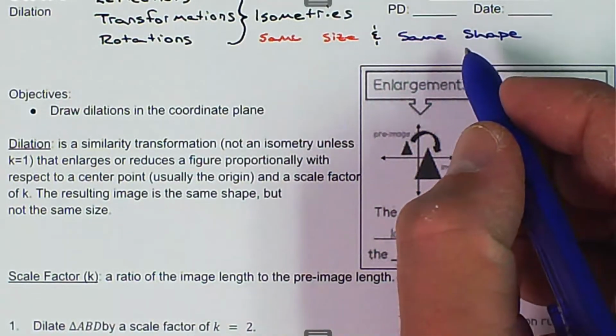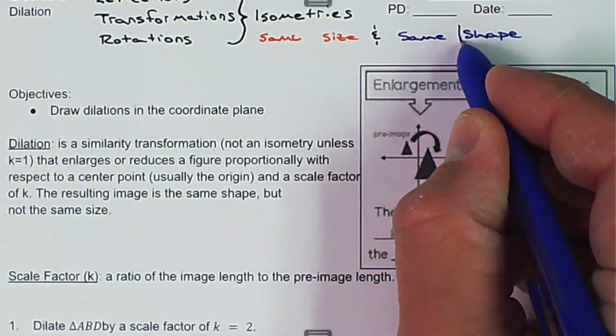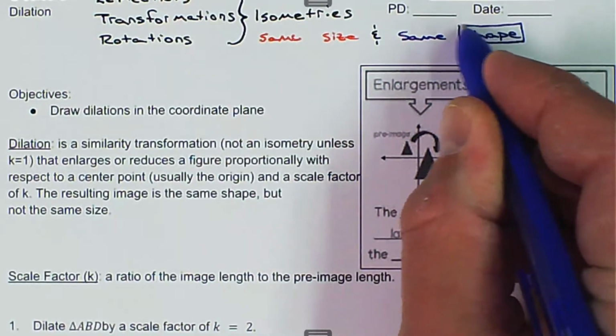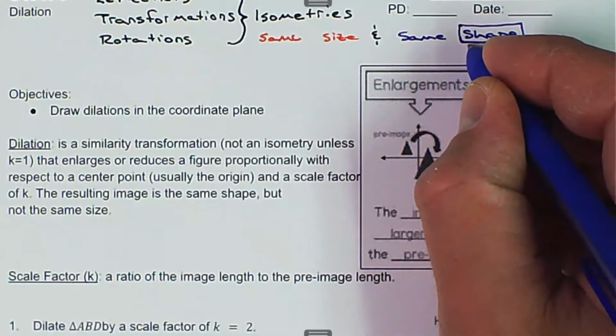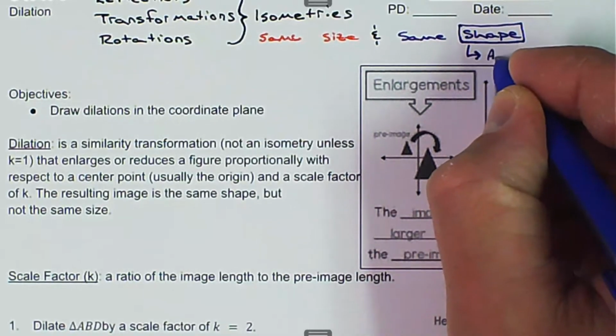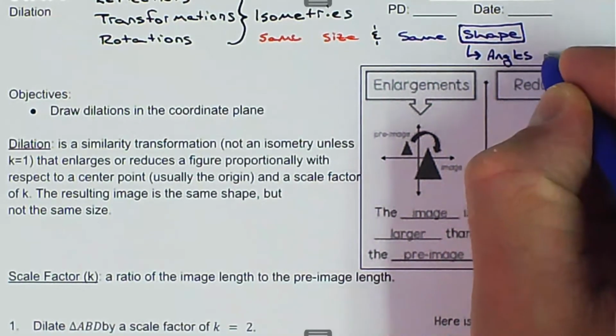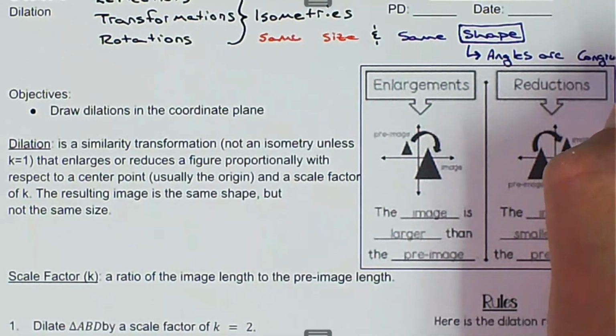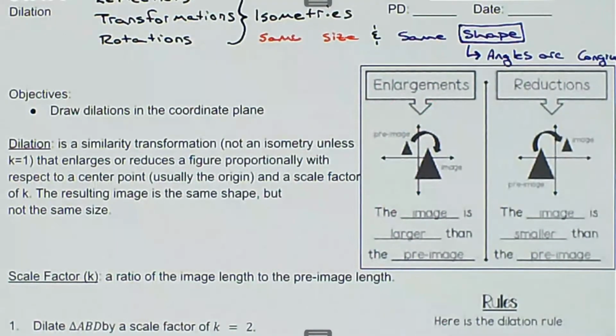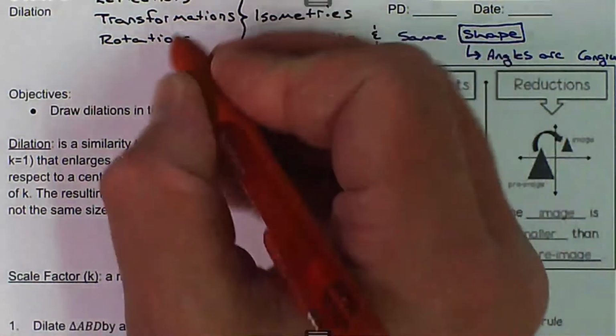Now, when we say same shape, what we mean is angles are congruent. And when we say same size, we say distances are equal.